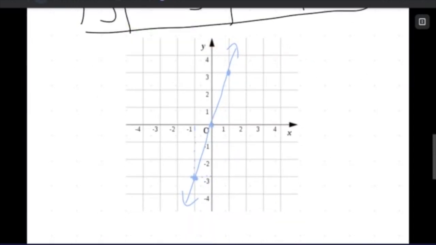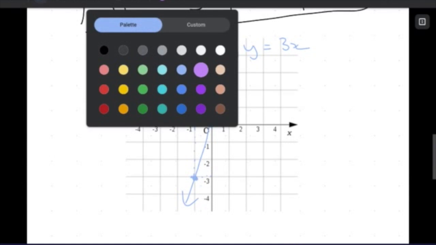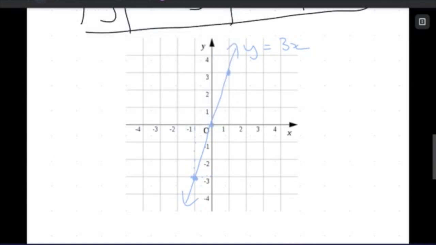I'm going to color coordinate these graphs. Let's take y equals 4x. I'm going to do this in purple. When x equals -1, y will be -4 because it's going to be 4 lots of x. The y value, my vertical value, will be 4 lots of my horizontal value.